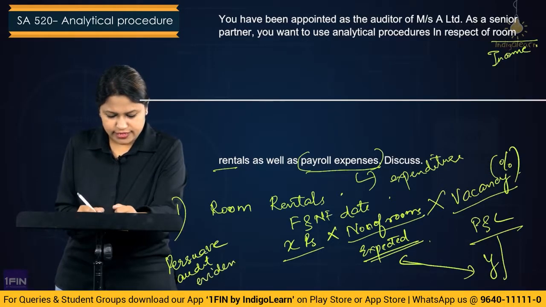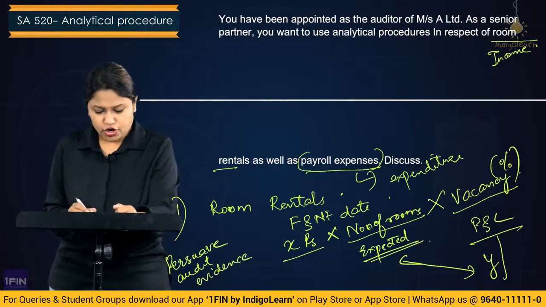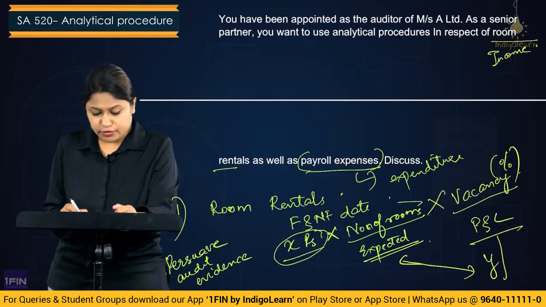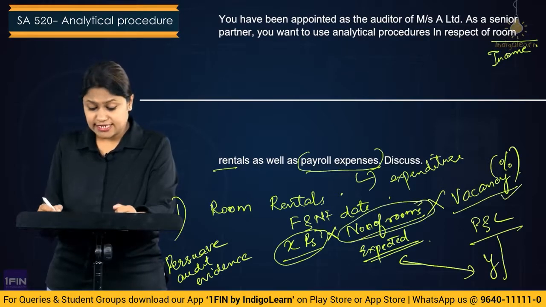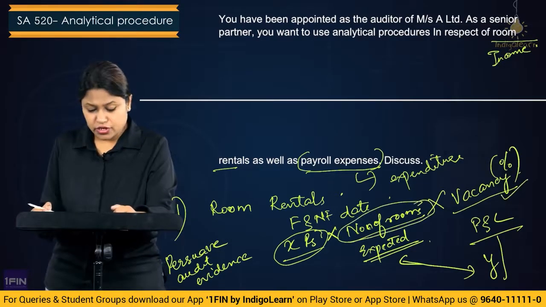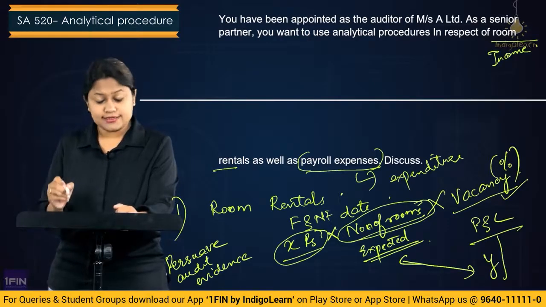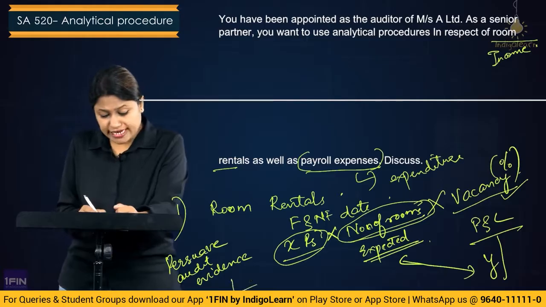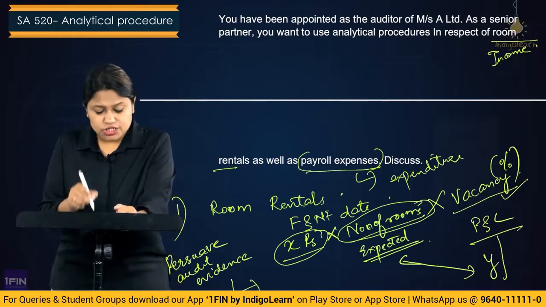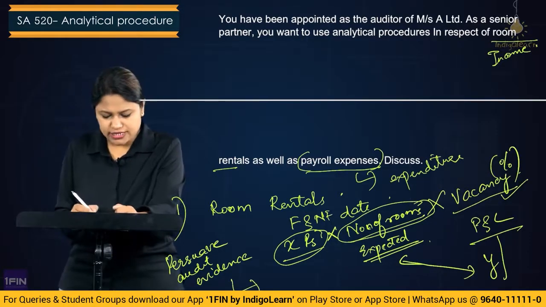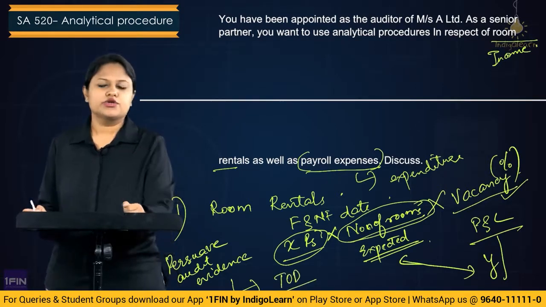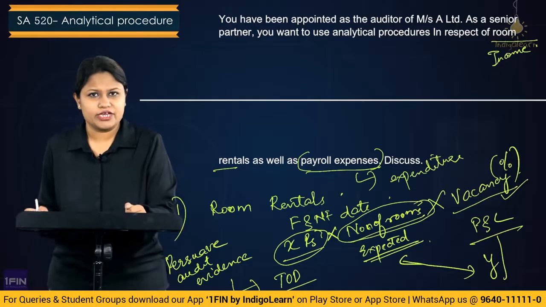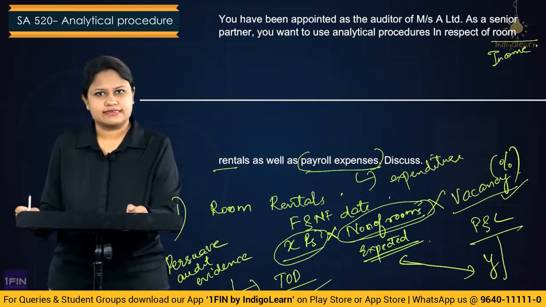And definitely if you have done the proper verification of the room tariffs, of the number of rooms which are present, the vacancy rate has been calculated correctly by you, okay, then in that case, this would definitely give a result to a persuasive audit evidence, which will enable the auditor to decide that on this particular component, you don't have to do all the detailing of test of details. You don't have to do the entire verification by performing the test of details.